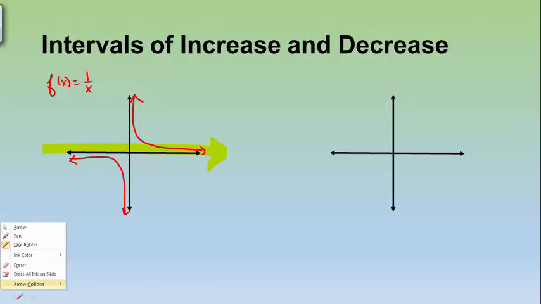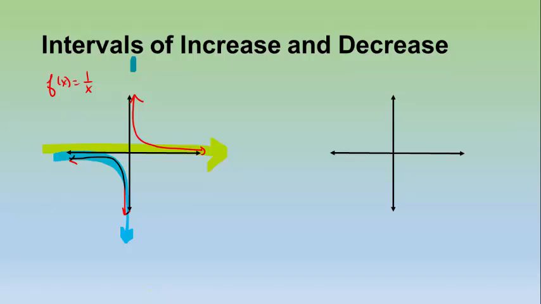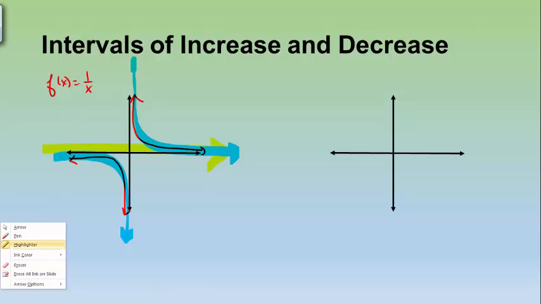But if we take a look here, as we move this way, my y values are actually getting smaller. Then they take this giant jump and they start at positive infinity, but again, they're getting smaller. So I actually have no intervals of increase.